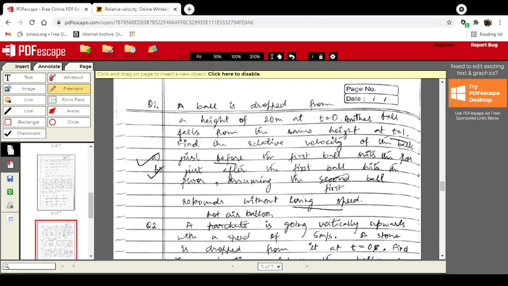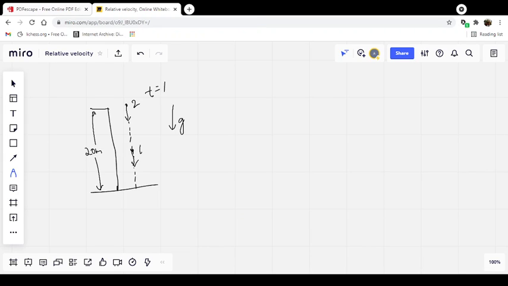Let's say the value of g is 10 meters per second squared. So what would be the velocity of the first ball? The velocity of the first ball at t equal to 1 second would be acceleration times time, that is 10 meters per second, and the velocity of the second ball at t equal to 1 second would be 0, because it is just being dropped.